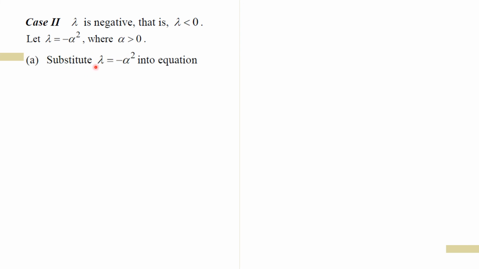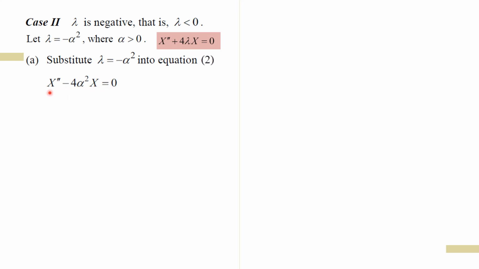Substitute lambda equals negative alpha squared into equation number 2, which is this one. Lambda will now be replaced by negative alpha squared, so that the equation becomes X double prime minus 4 alpha squared X equals 0.